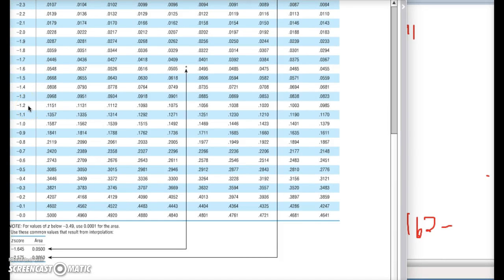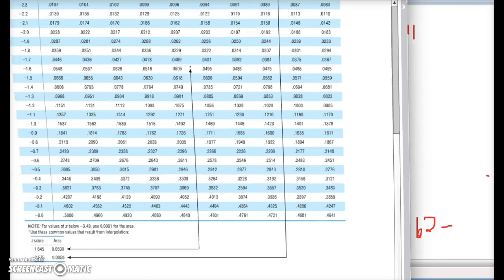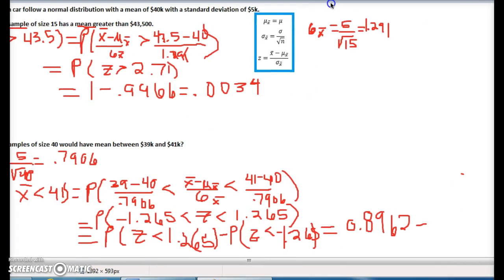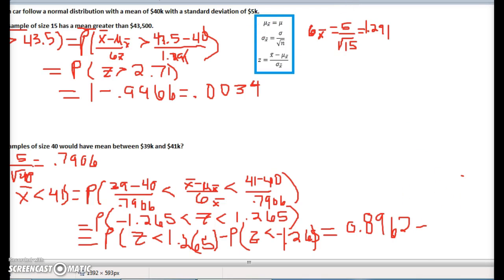Negative 1.26. 1, 2, 3, 4, 5, 6. So it's 0.1038.